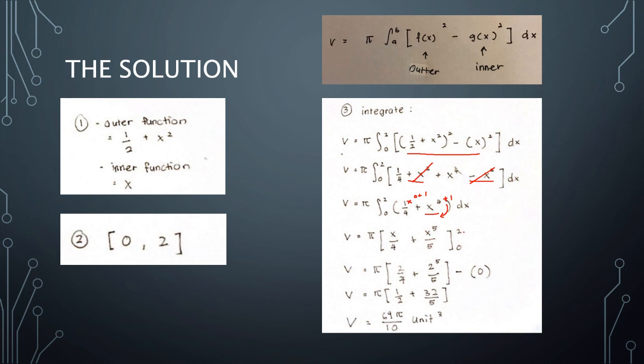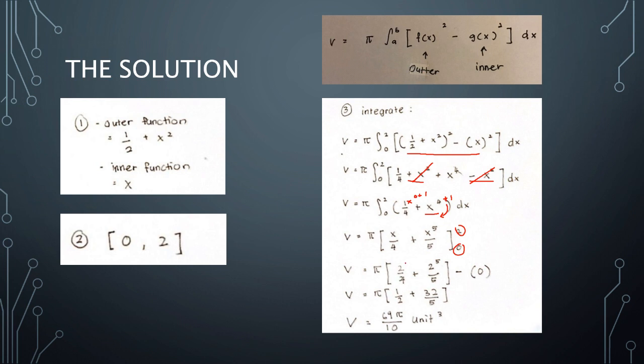Now we need to substitute these two values into x, so we get 2 over 4 plus 2 to the power of 5 over 5 minus 0. Minus 0 because 0 divided by any number gives 0.